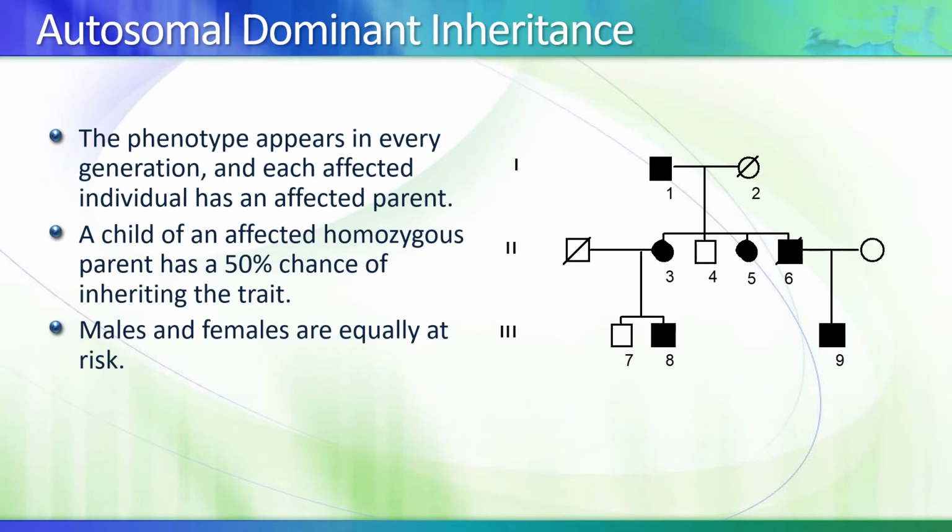So what is autosomal dominant inheritance then? Basically, a person would need just one defective allele to show the disease, to be affected by a certain condition. This condition appears in every generation, and males and females are equally affected, or equally at risk.